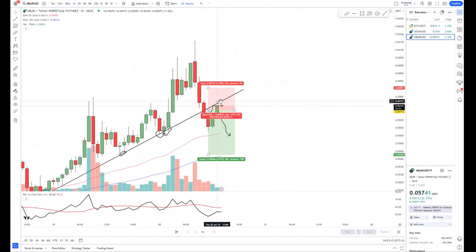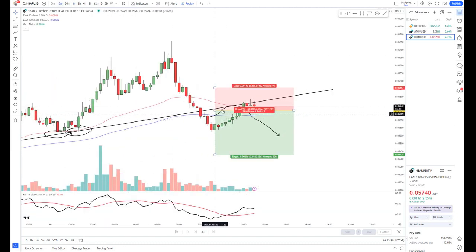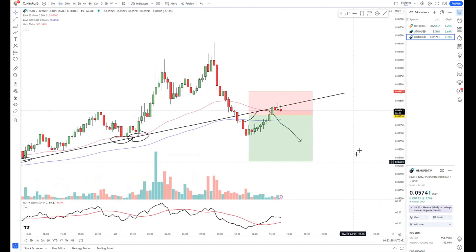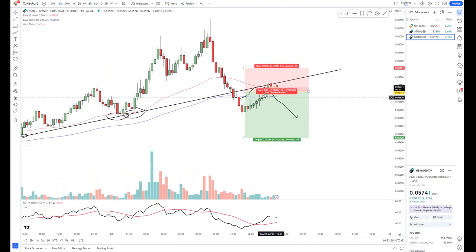As you can see, as time moves on, your entry, which was at first here, becomes a little lower. As you can see now, looking at just the live price action, it did have a bearish retest at the moment, but it's back above the 50 EMAs and back above the 200 EMAs.